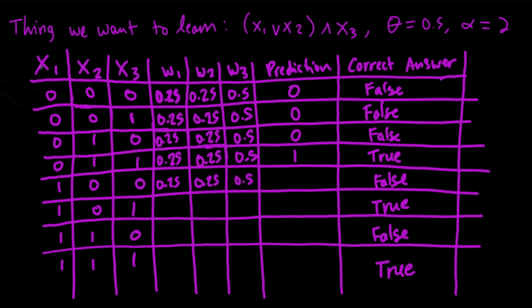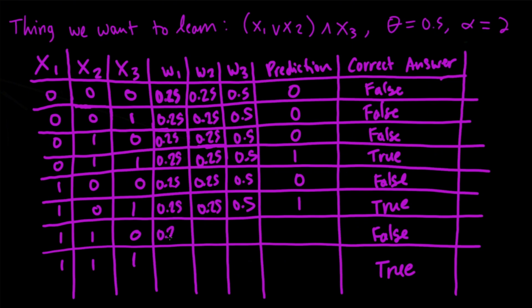0.5. Okay, now we do x1 times w1, which is 0.25. 0.25 is less than or equal to theta, so we predict 0, which is correct. So we drop our weights down again. Now we do x1 times w1, which is 0.25, plus x3 times w3, which is 0.5. That results in 0.75, which is greater than theta, so we predict 1, which is correct.